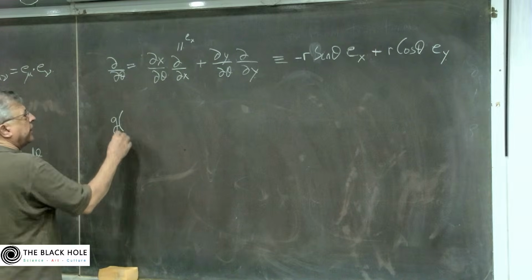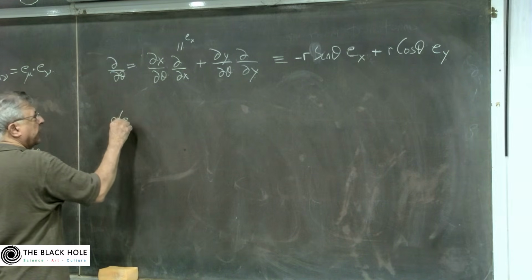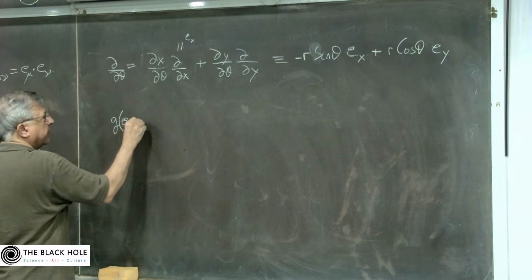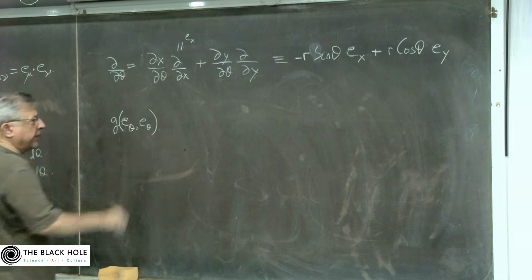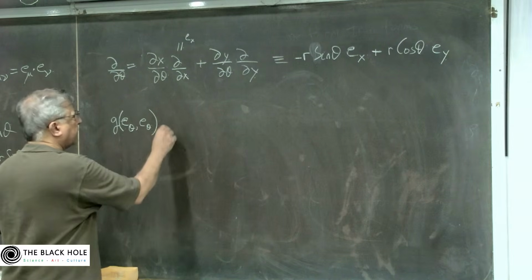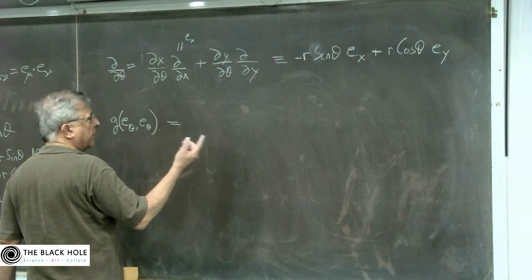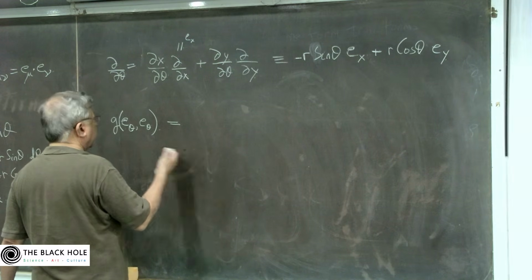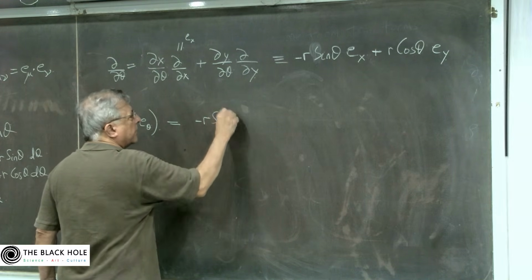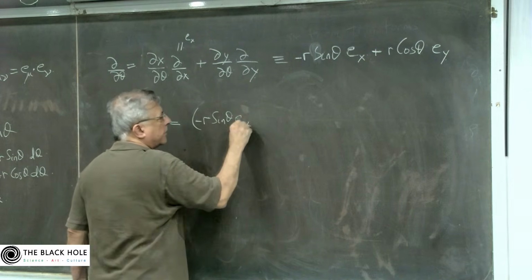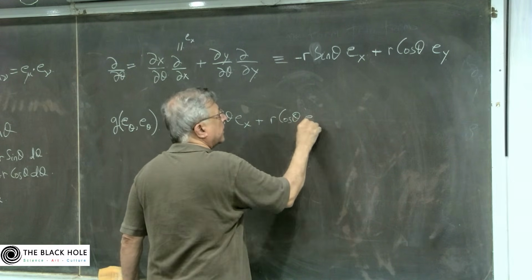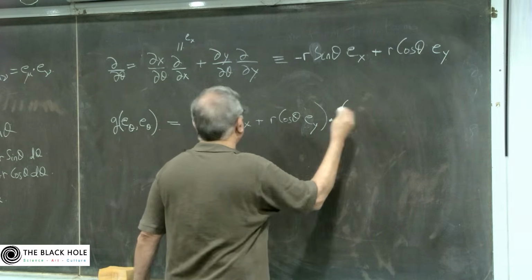Now let's look at g of E theta, E theta, which is the dot product of the same thing with itself.